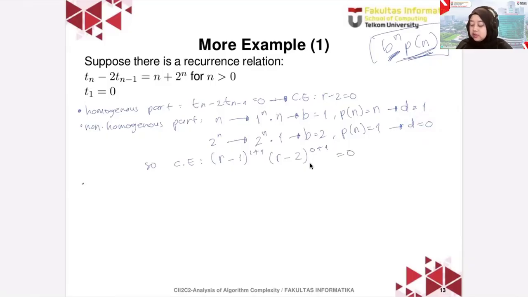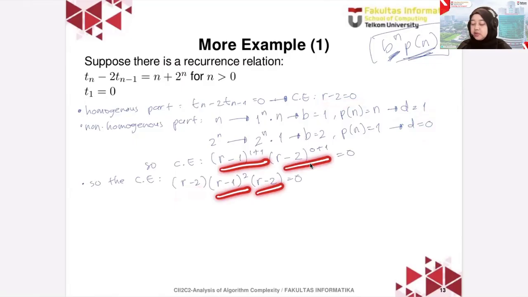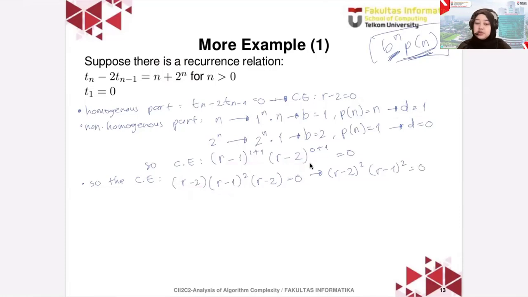So the characteristic equation will be the homogeneous part, which is r minus 2, and the non-homogeneous part, which is this. Okay, so this is from here, and this is from here. Or we can also write it as r minus 2 squared, r minus 1 squared equals 0. So we have r1 and r2 equal to 2, and r3 and r4 equal to 1.